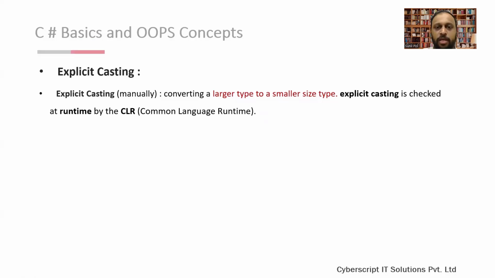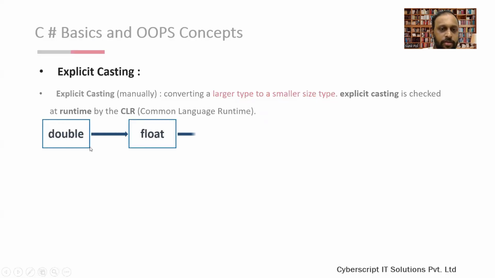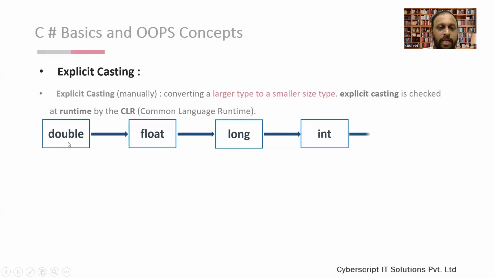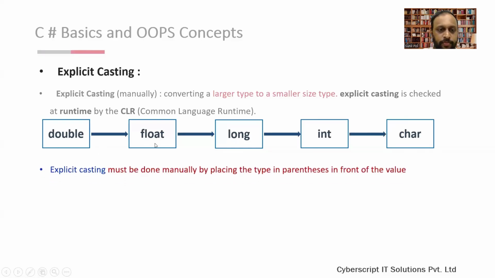So we are converting a larger data type into a smaller data type. A double variable can be assigned to float, to long, and respectively int and char. So it's in the reverse order of implicit casting. Here we are assigning a larger data type to a smaller data type.